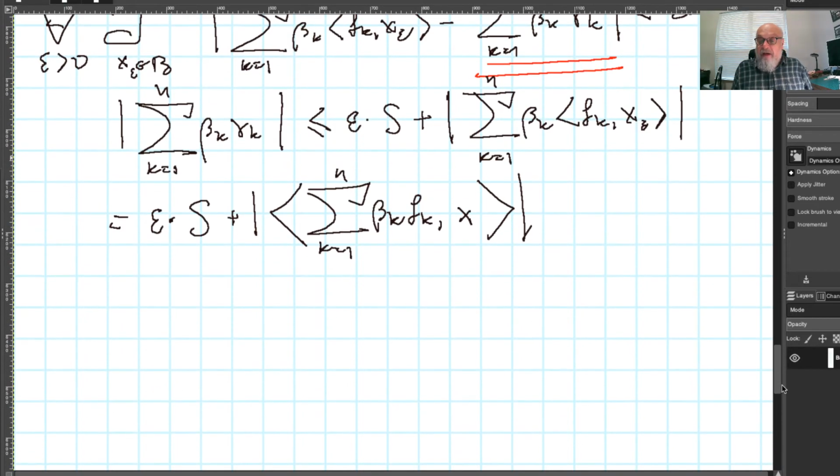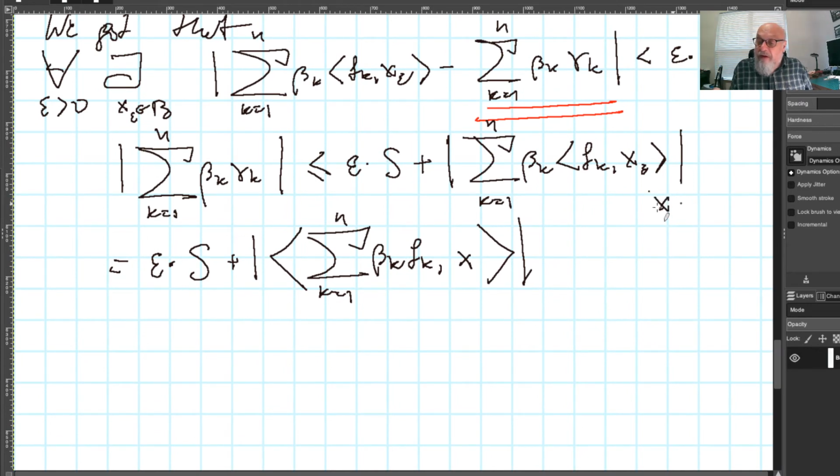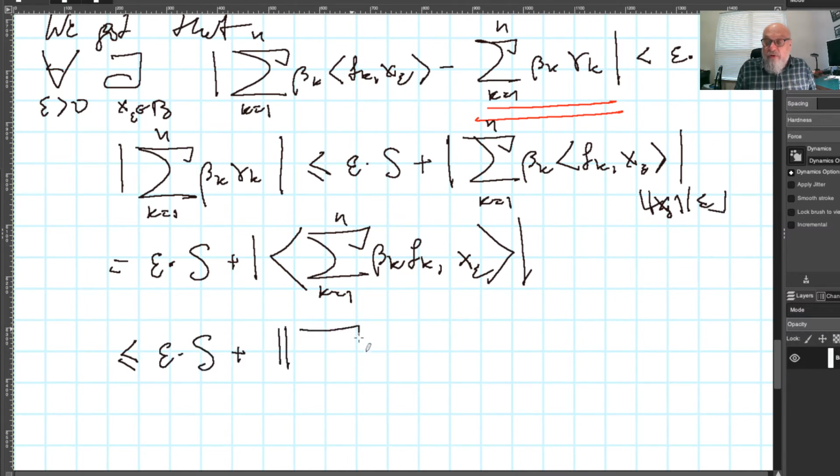And I see x epsilon has norm smaller or equal to 1, so I can rewrite it as smaller or equal to epsilon s plus the norm of the sum over k equals 1 to n of beta k f k, and we got it.